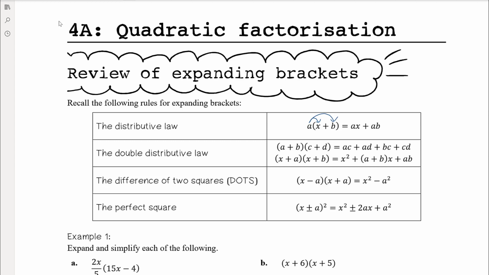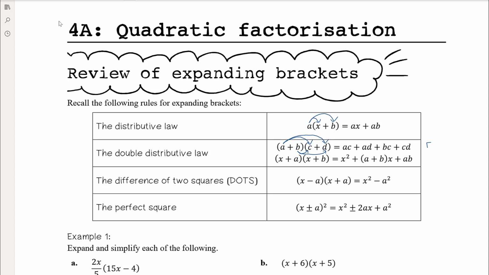The double distributive law is when we have two sets of brackets, each with two terms, or we could have more than two terms, but we'll have a look at this as an example. Essentially, each term in the first bracket needs to multiply each term in the second bracket. So a times c, plus a times d, plus b times c, plus b times d.